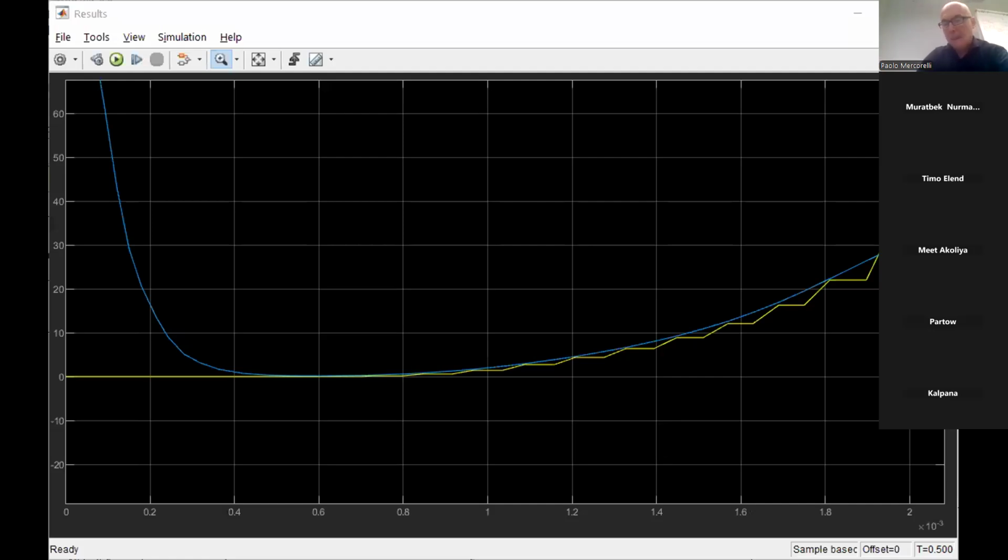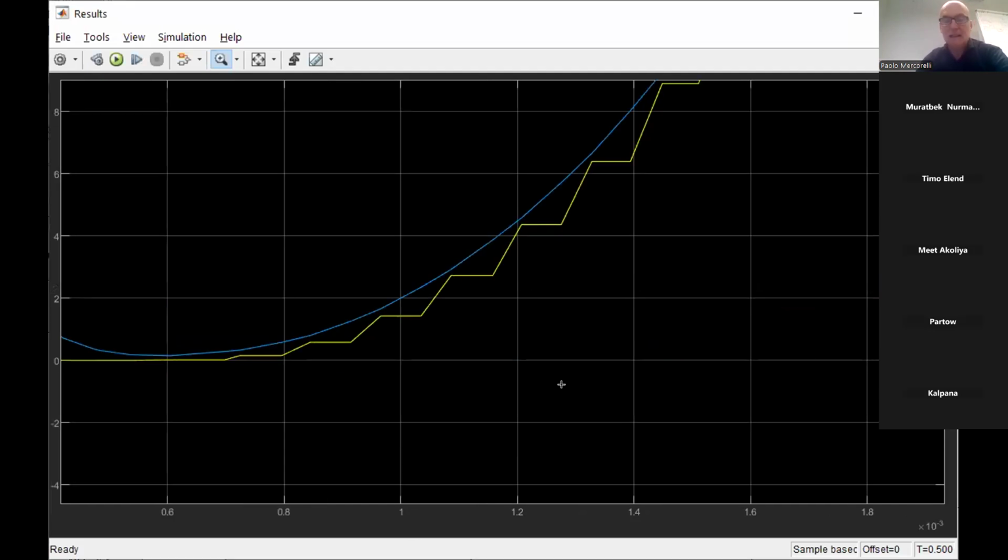Now we can see a little bit better. A little bit. We can see that increasing the disturbances, we have some delay, and also here we have some.